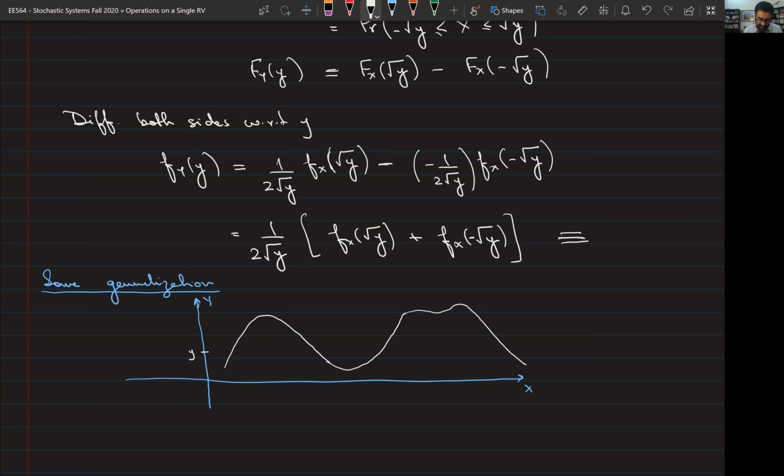So for this y I ask how many x's could have resulted in this particular y? There are 4 such x's. There's this one here which is x1. There's this root here which is x2. There's this root here which is x3, and there's this root here which is x4. Ali, go ahead.